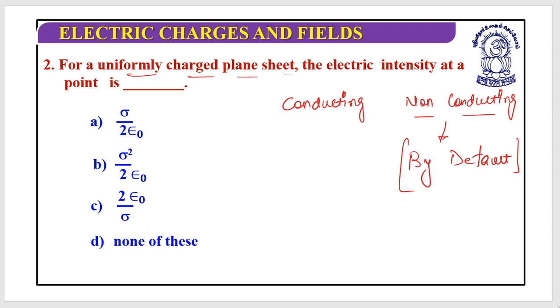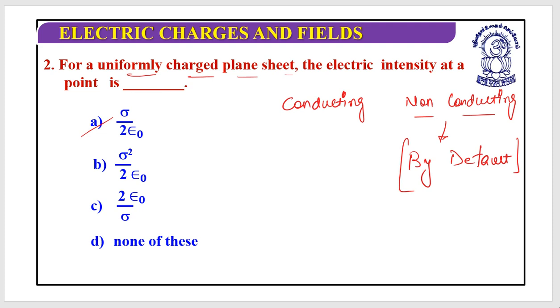Now again go through the question once. They have asked, for a uniformly charged plane sheet, what is the electric intensity at a point? It's sigma by 2 epsilon naught. Yes, you are correct. Have you done with this? So do remember these things: when they do not mention whether it is conducting or non-conducting, you need to consider them as non-conducting by default.